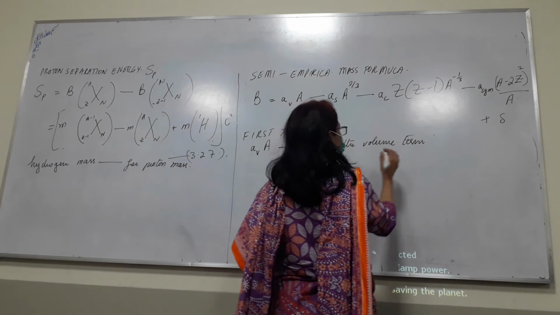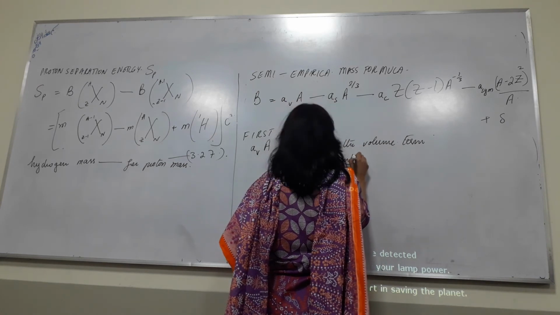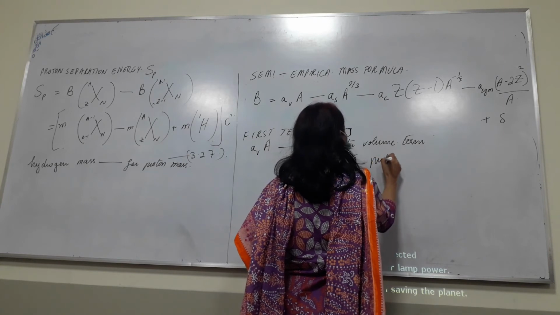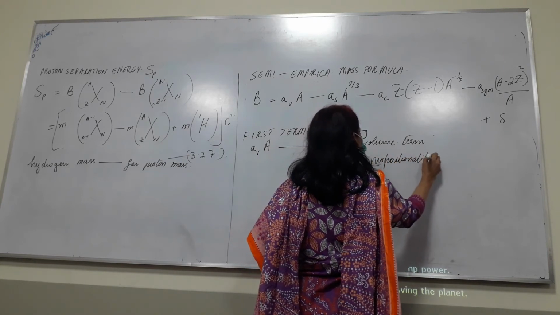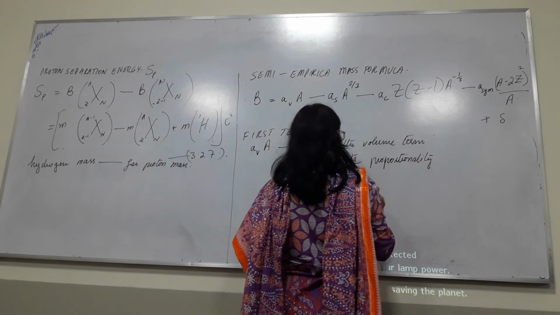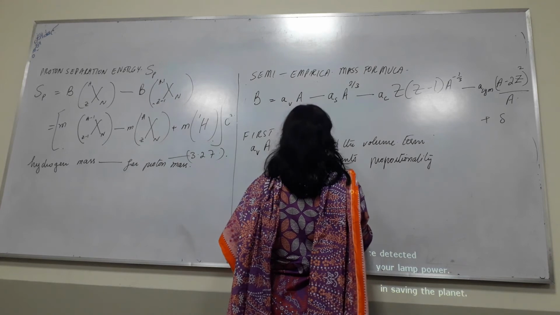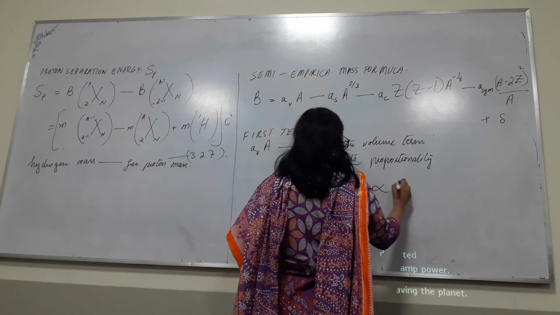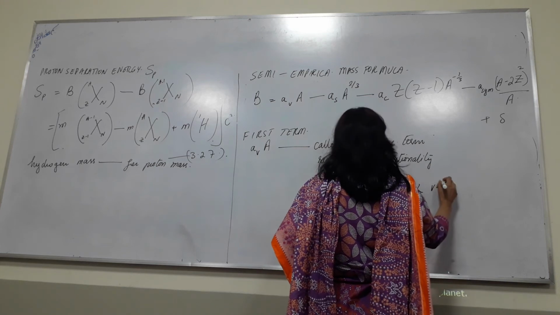And it represents proportionality between binding energy and A and the volume of the nucleus.